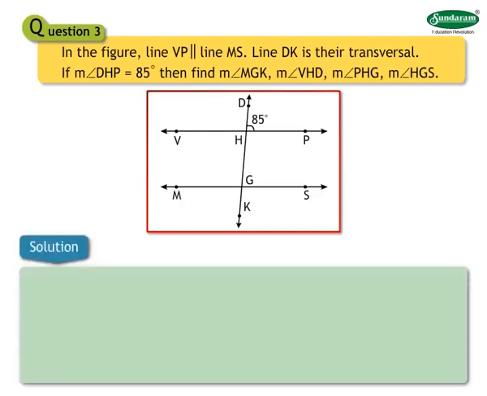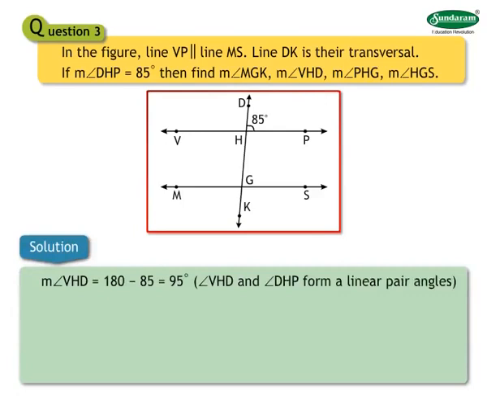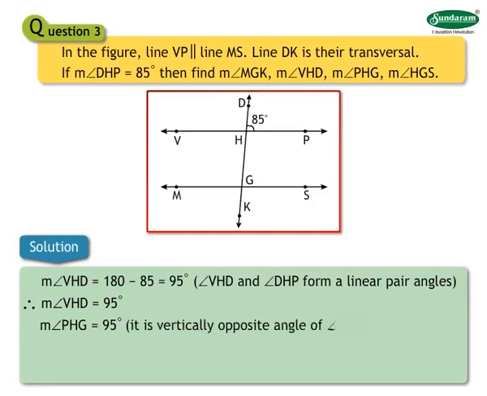Solution. Measure of angle VHD is equal to 180 minus 85 is equal to 95 degrees, as angle VHD and angle DHP form a linear pair of angles. Therefore, measure of angle VHD is equal to 95 degrees. Measure of angle PHG is equal to 95 degrees, as it is the vertically opposite angle of angle VHD.